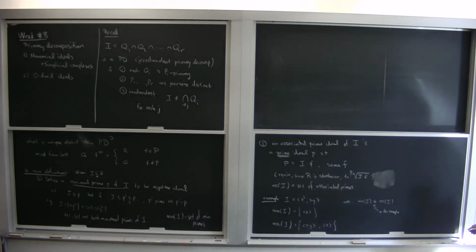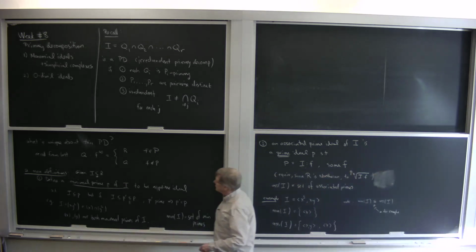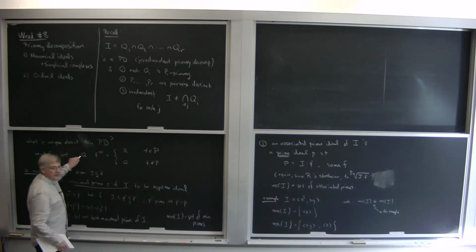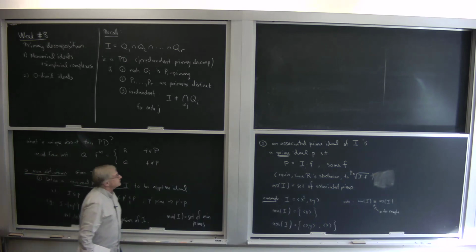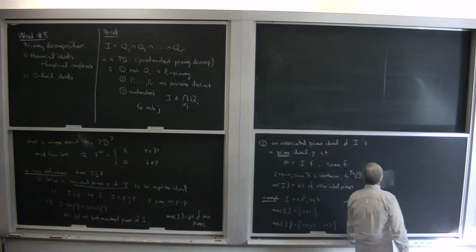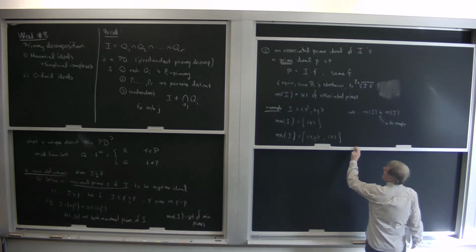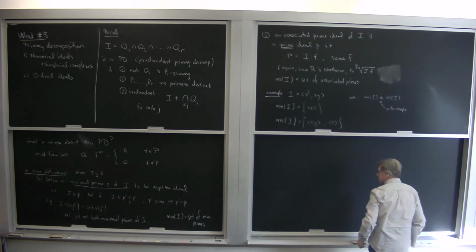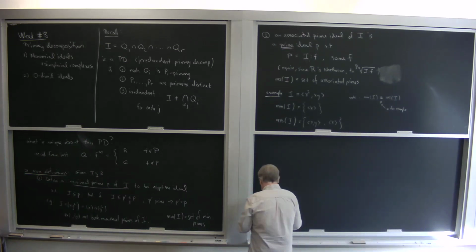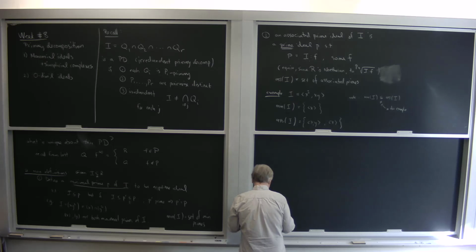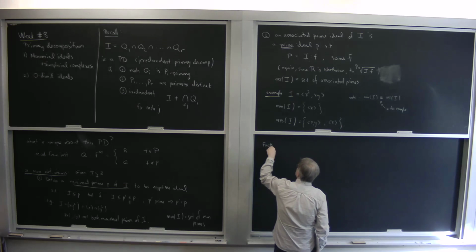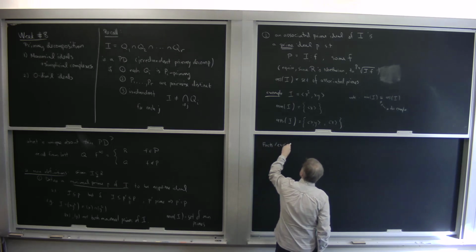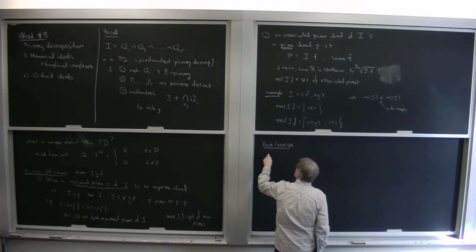Okay. And now I'm just going to state the theorems which you actually can prove using the fact that we have a primary decomposition. In fact, it's a good exercise. Facts/exercise. 1.